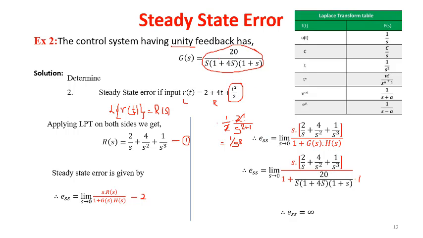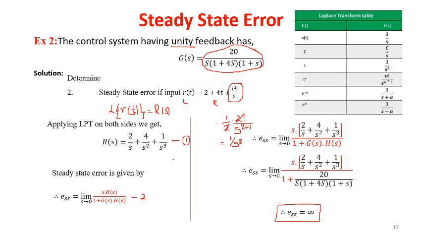In place of G of s, we bring the G block, 20 divided by s (1 plus 4s)(1 plus s). When we take the LCM and substitute s tends to 0, we get steady state error equal to infinity.